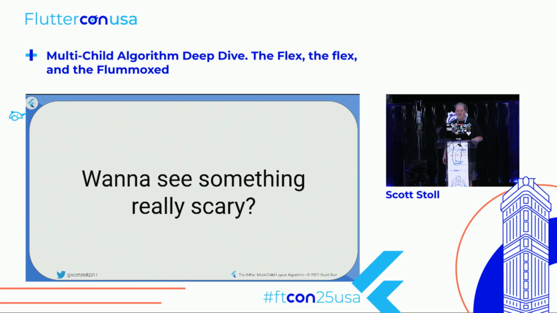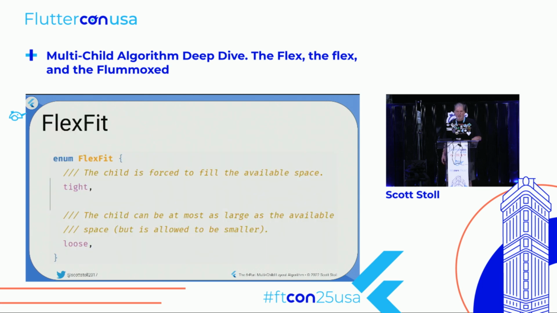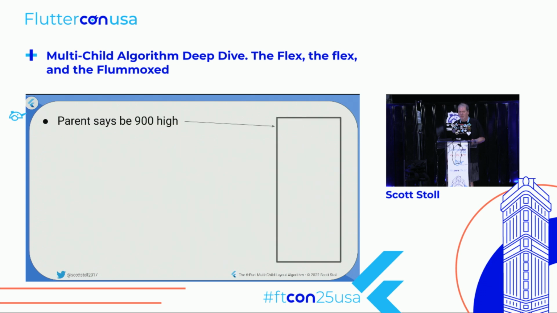So let's take another look at the flex fit enum. Again, when we take a look at it, it's forced to fill the available space or is allowed to be smaller. So let's do a little bit of an example here. Let's make a column 900 high. That's what the parent is. The parent is allowing this thing to be 900 high. The first child has a set size of 300.